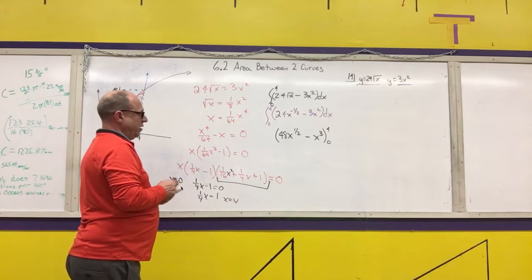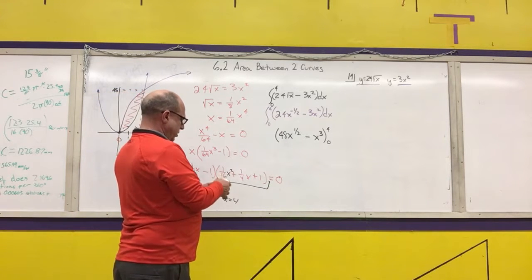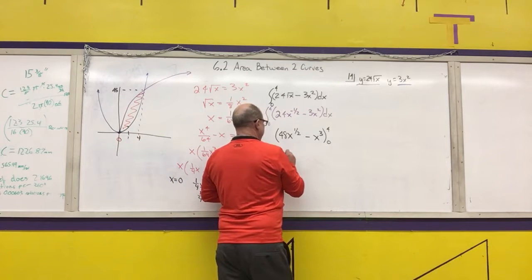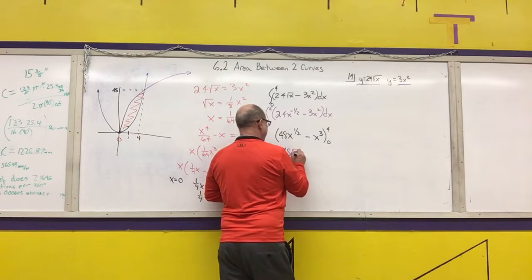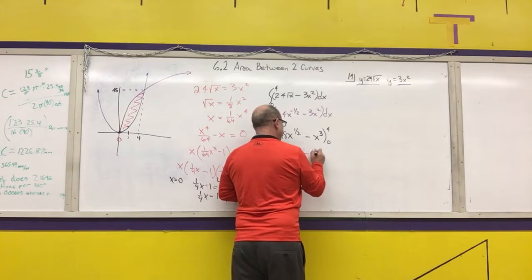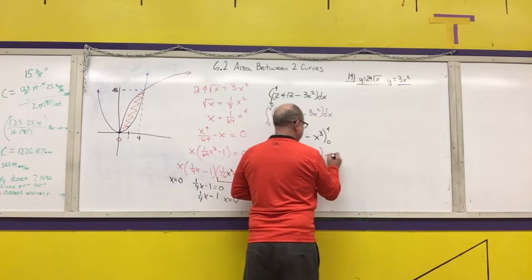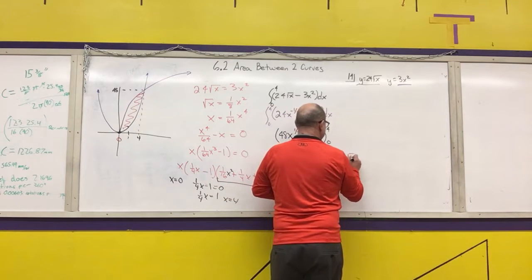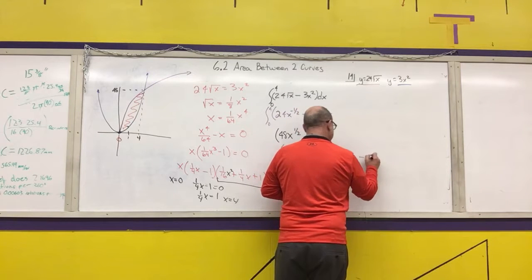So now I'm going to put a 4 in, I'm going to put a 0 in, and then subtract. So I get 48 times the square root of 4 minus 4 cubed, minus 48 times the square root of 0 minus 0 cubed.